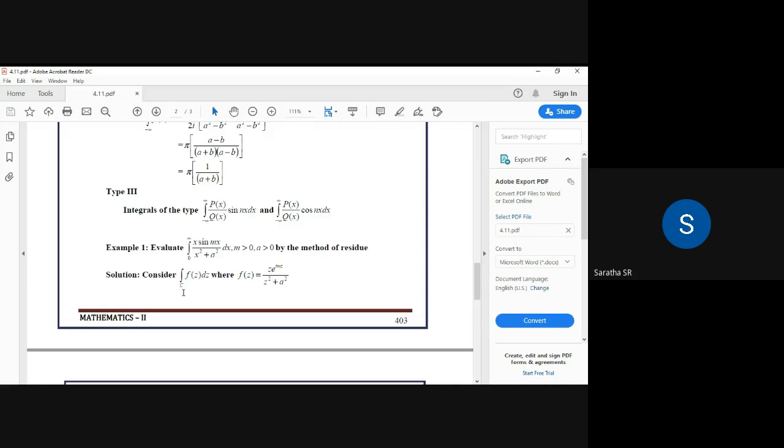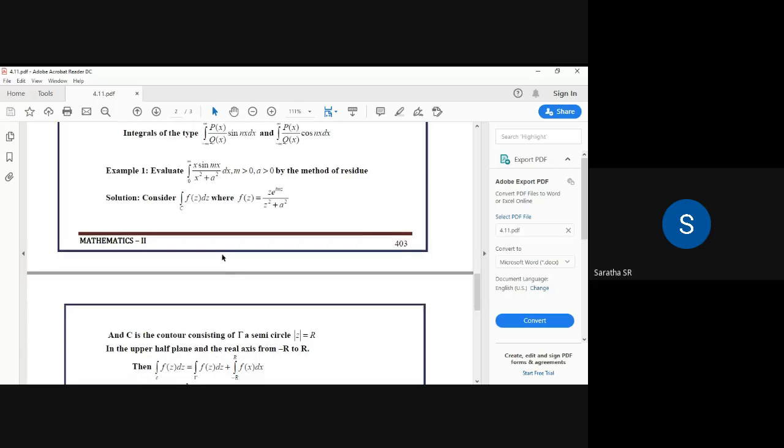So now our f of z is z, and instead of sin mz, we can write the imaginary part of e power imz. So here we have to take the imaginary part of z e power imz divided by z square plus a square.